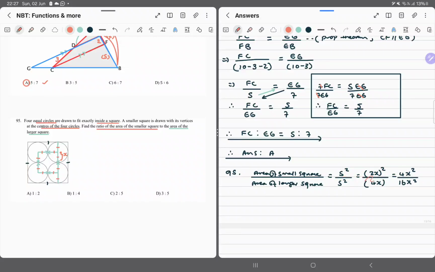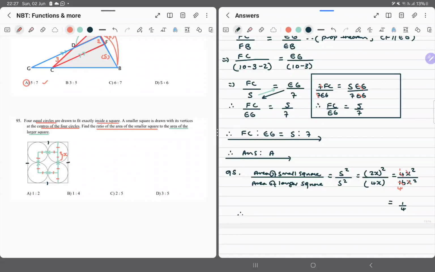I really don't like to stagger when I write, but yeah, I ended up in that situation. 4 goes once, goes 4 times. So when we simplify here, what do we get? We get 1 over 4.